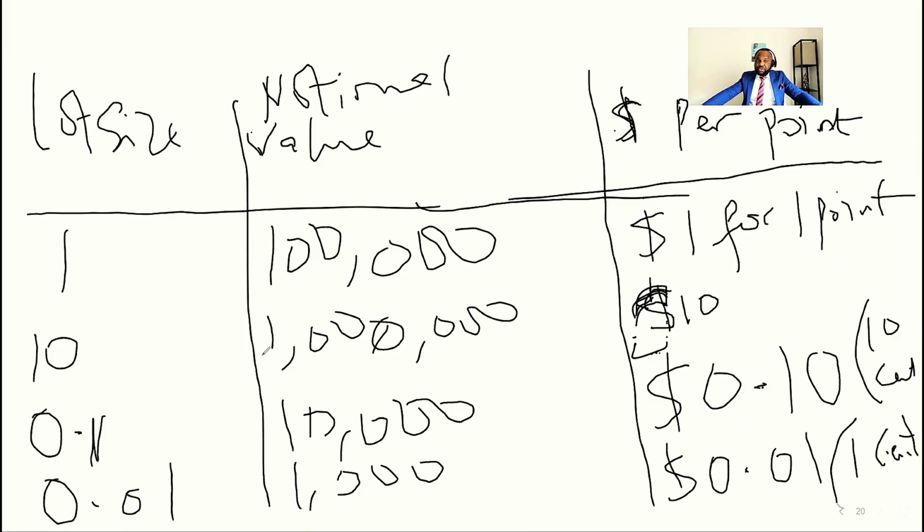So you better reduce your lot size. So how do we know what lot size to use? If I have $100 in my account, $1,000, $10,000 in my account. But in the FAP, you will go extensively into understanding risk management.